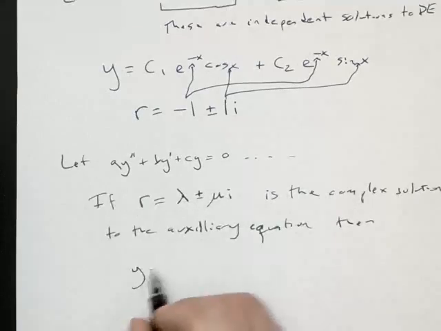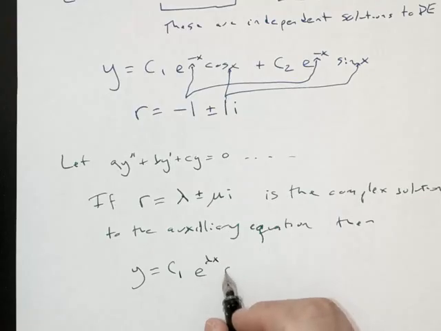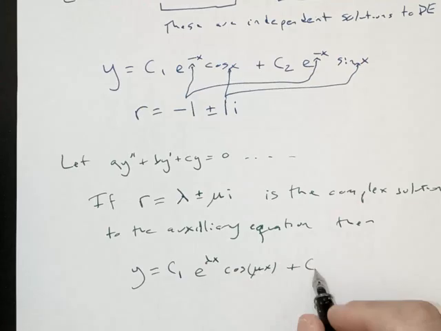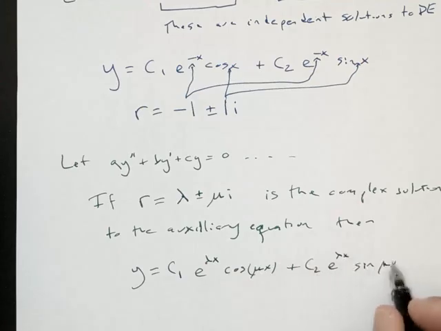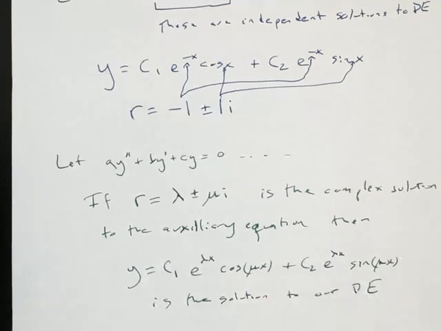Then y equals c1 e to the lambda x cosine mu x plus c2 e to the lambda x sine mu x is the solution to our differential equation.